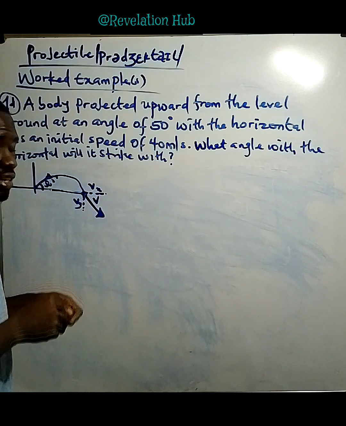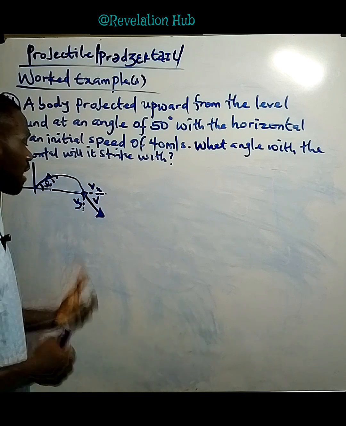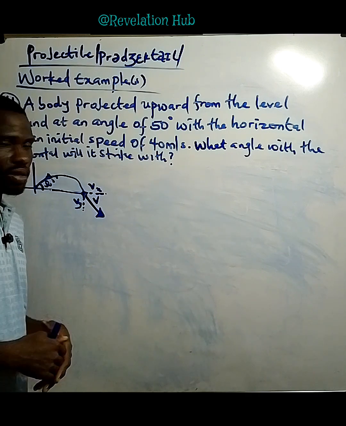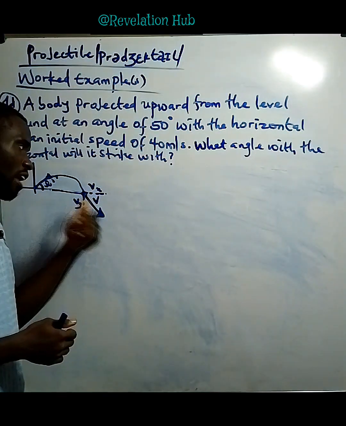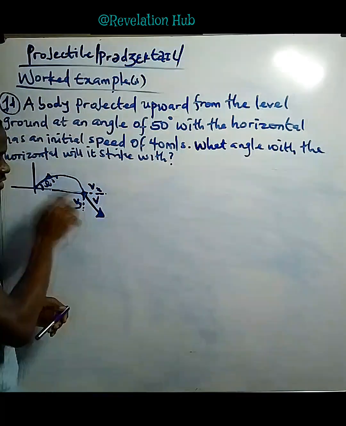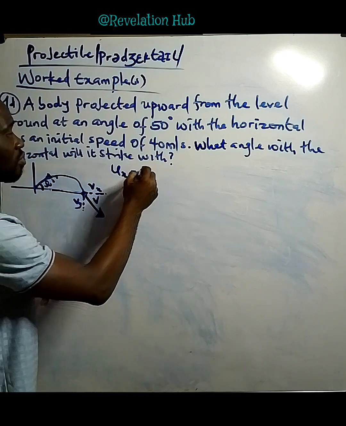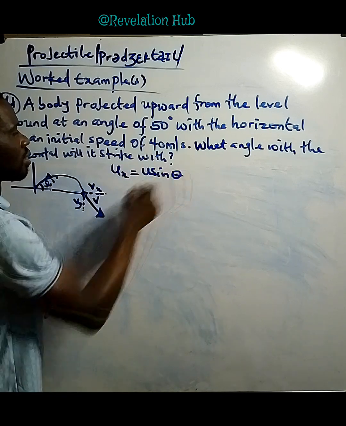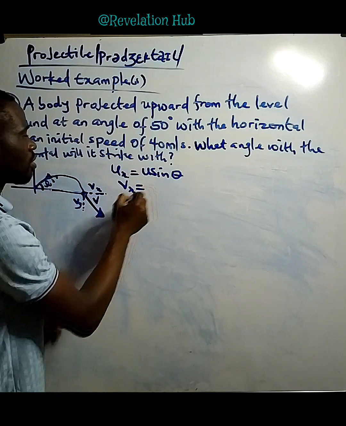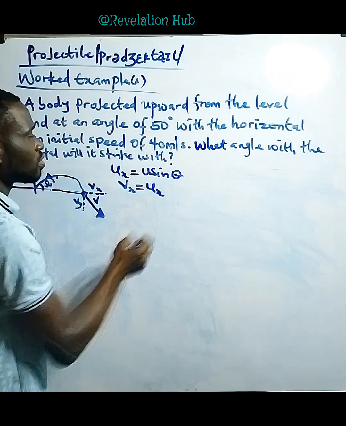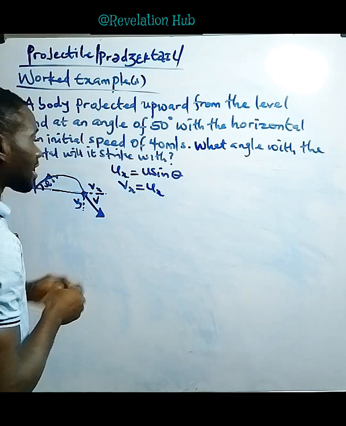Don't forget, it was said in our previous lesson that there's no change in velocity along x, since there's no acceleration along x. So if the initial speed is u cos theta, then the final speed is going to be the same thing as the initial speed.